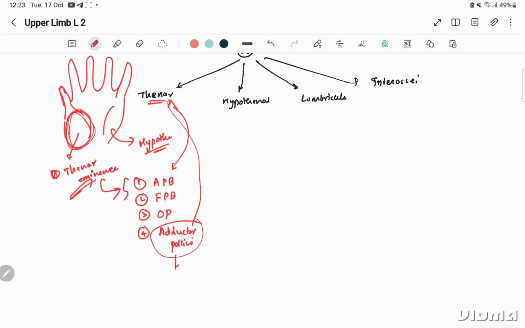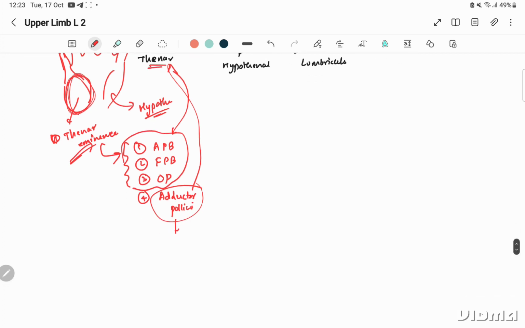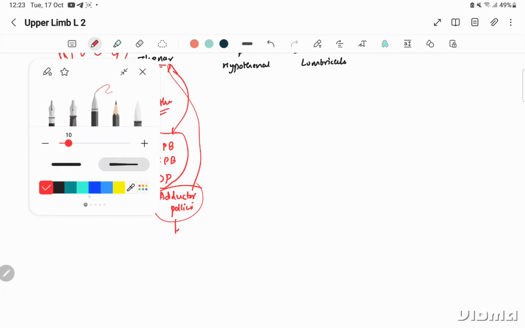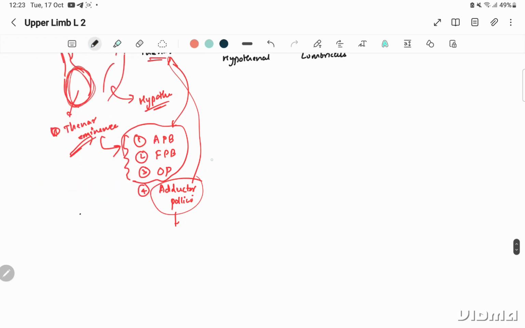In the thenar eminence we have APB, FPB and opponens pollicis. Abductor pollicis brevis, flexor pollicis brevis and opponens pollicis are supplied by the median nerve, and the adductor pollicis is supplied by the ulnar nerve.